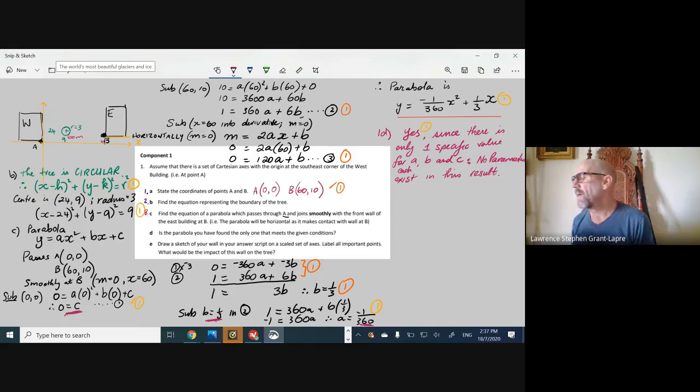If there's a parameter, then you get a family of parabolas. So if there is a variable in there, then it's a family of parabolas, not a consistent one.